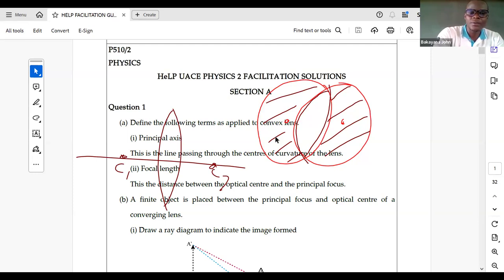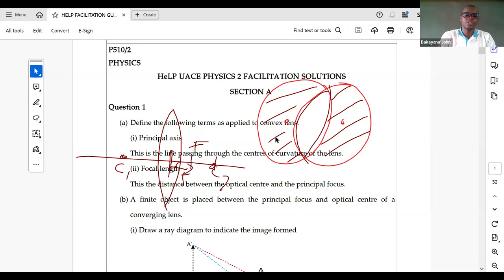So from the optical center of a lens up to the midpoint is the distance called the focal length. We have a point midway between the optical center and the center of curvature.